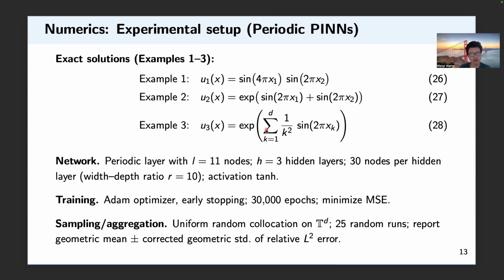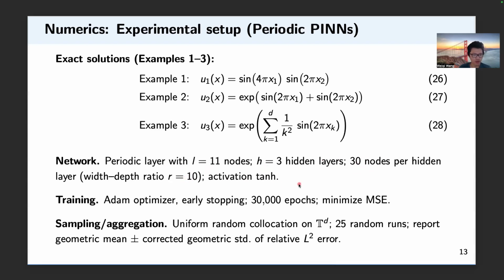The periodic PINN we use has a small periodic layer with 11 nodes, and we have three hidden layers, each of them with 3 nodes. The activation function is tanh.